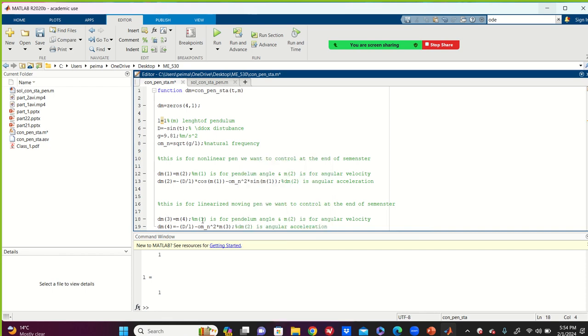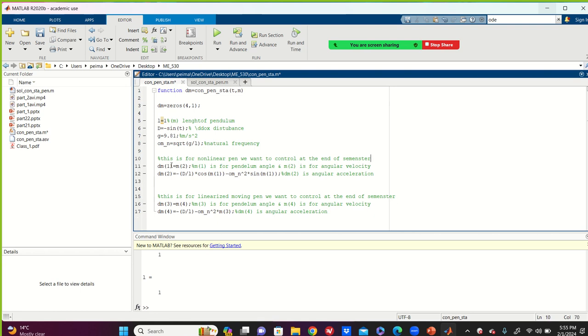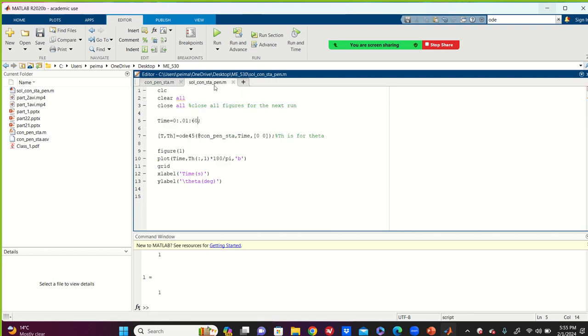So here again, M3 is for pendulum angle, M4 is for angular velocity, and dm4 is for angular acceleration. Clear, everybody? Because this is your new angle, M3. Let me connect this to this.